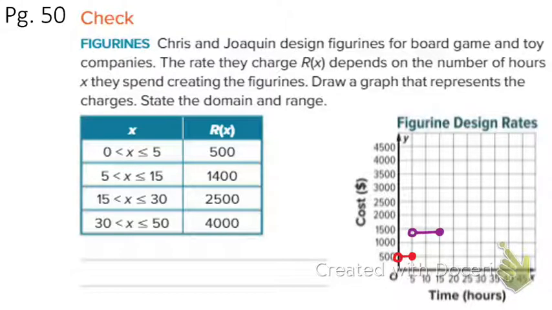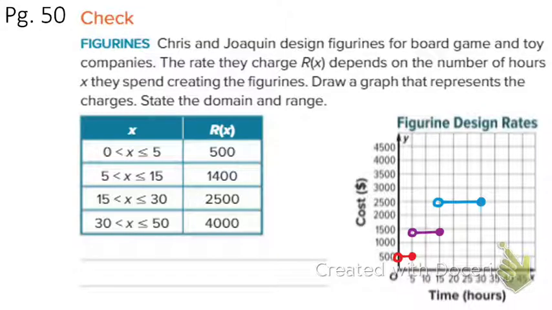It starts at 15 and ends at 30. So open circle on the 15, closed circle on the 30, and connect. And the last step starts at 30 and ends at 50.